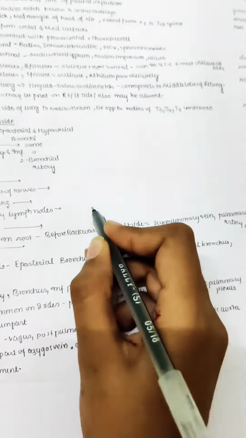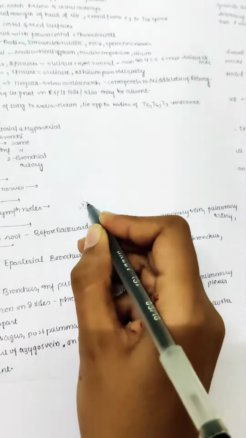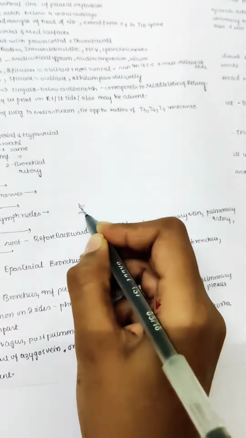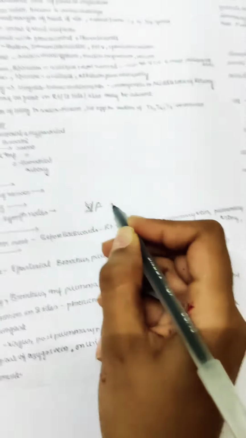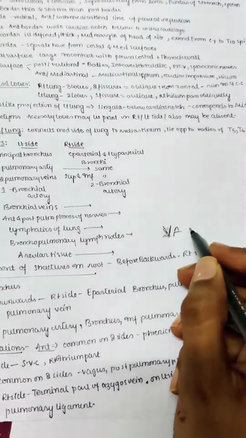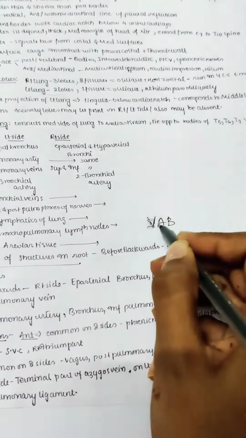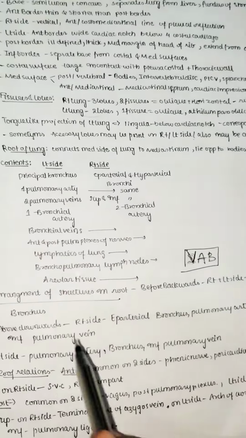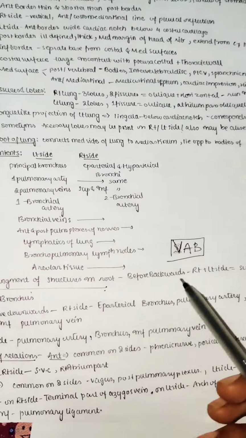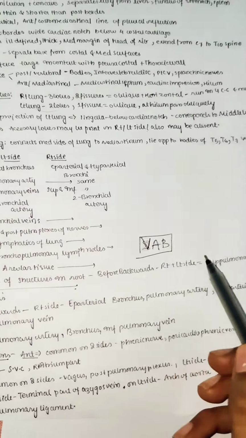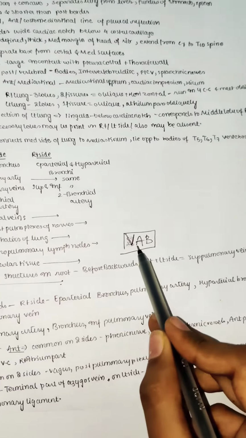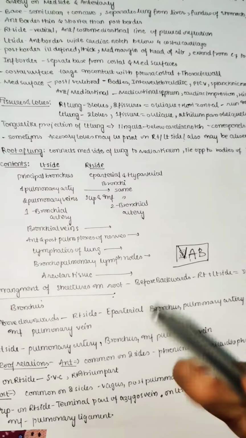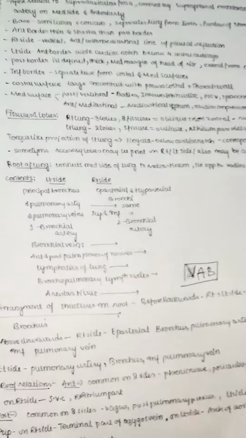So you can remember: vein, artery, and next you have the bronchus. The mnemonic for this is VAB, for the arrangement of structures in the root from before backwards. They lie in this order: first the vein, next the artery, and next the bronchus. So this is the order of the structures which are present in the root.